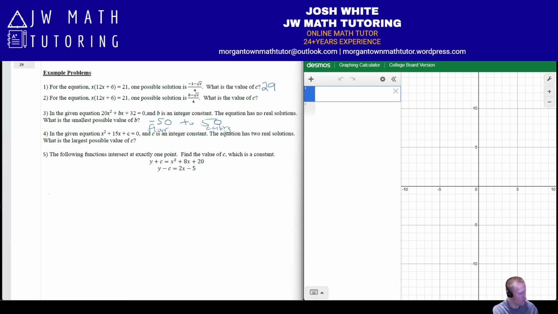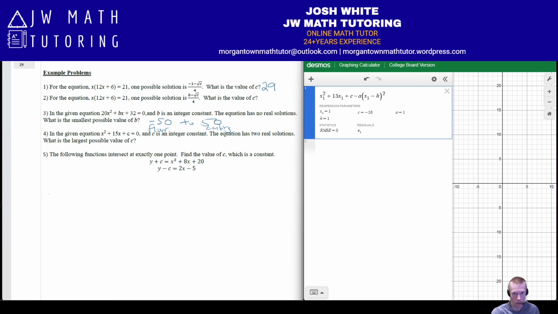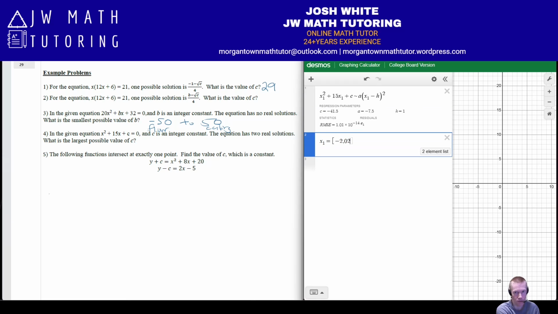Okay, so the first method would require us to type in the original given expression, and then we're going to regress that to its vertex form, except of course we're leaving the k value equal to 0. And then we can type in our list. Okay, so we get an answer here of c equals 56.25.